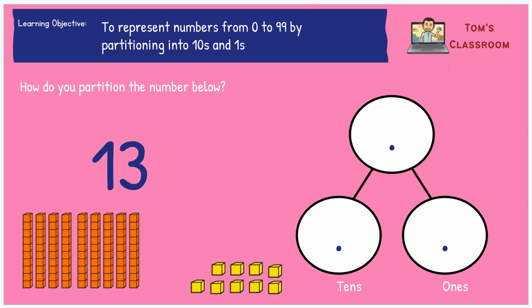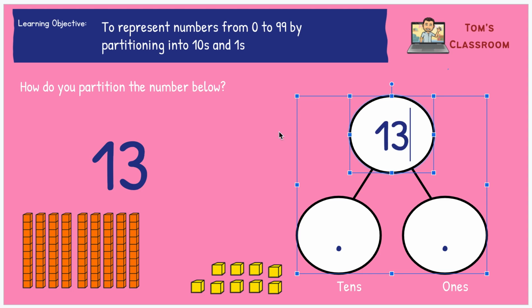Let's see if you can do the next one on your own. I'm going to give you the answer in 5 seconds, so pause the video and work it out. Right, let's see. So we'll put 13 at the top of our part-whole model and we'll partition it into its ones and tens.